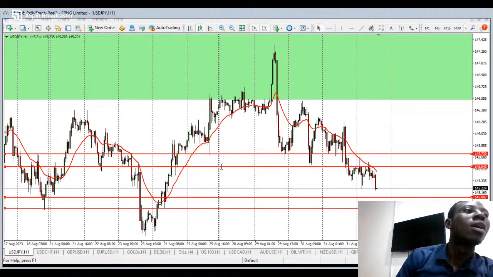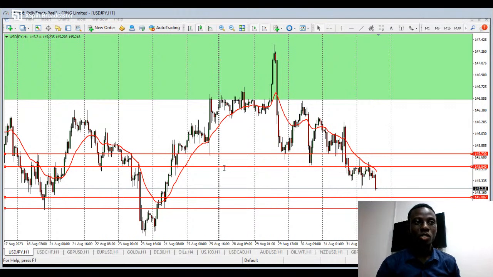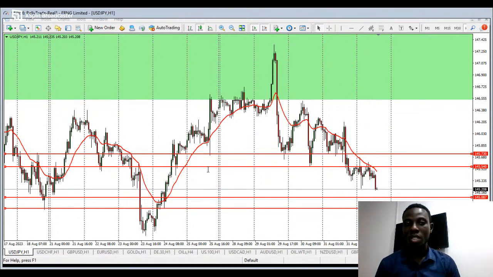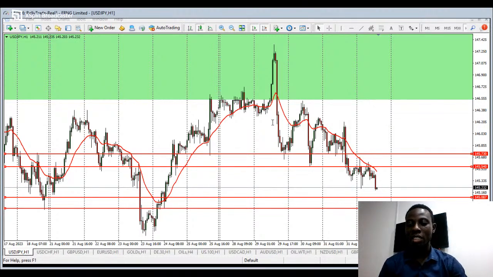For USDJPY, my buy stop entry is at 145.540, then my take profit at 145.730.